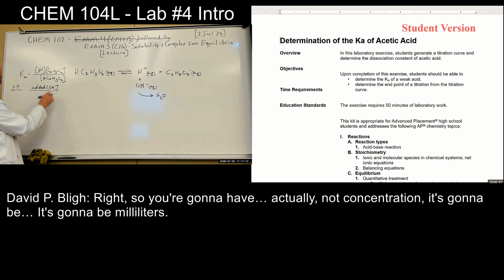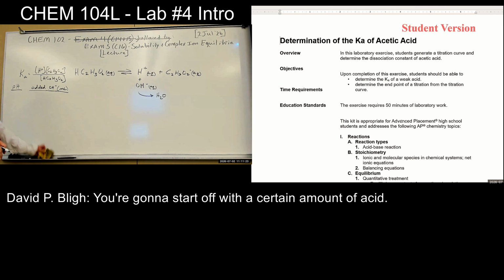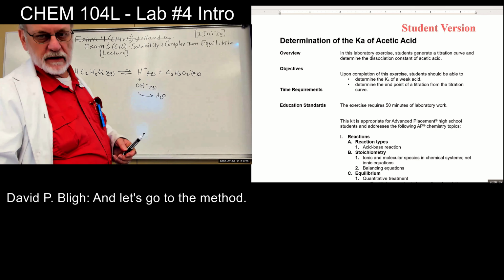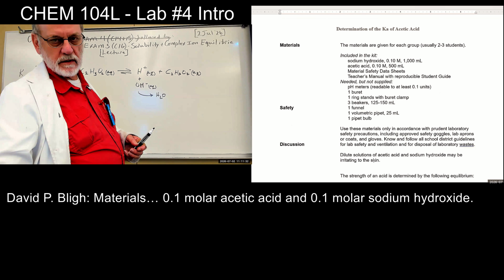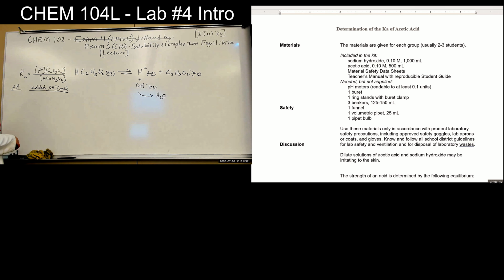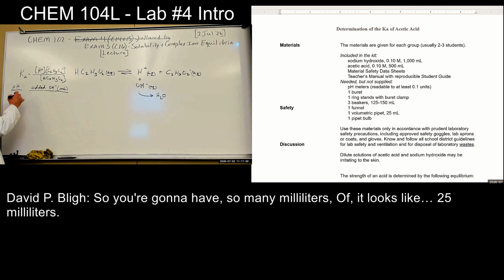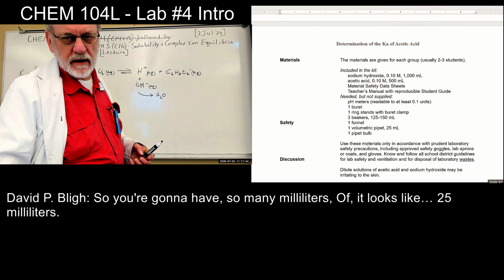Actually, not concentration, it's going to be milliliters of added base. So you're going to start off with a certain amount of acid. And let's go to the method. Materials: 0.1 molar acetic acid and 0.1 molar sodium hydroxide.